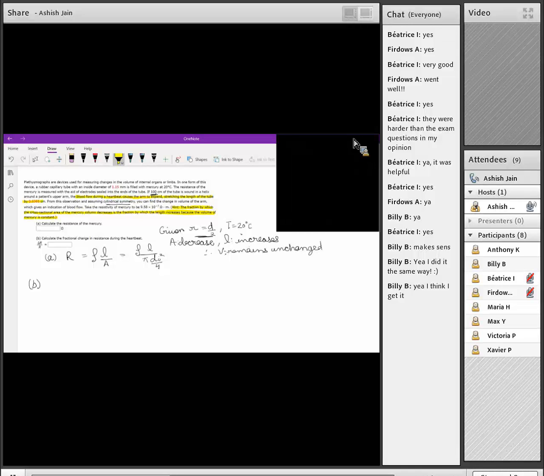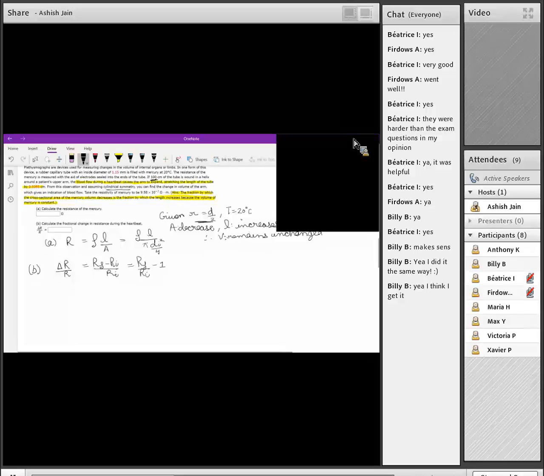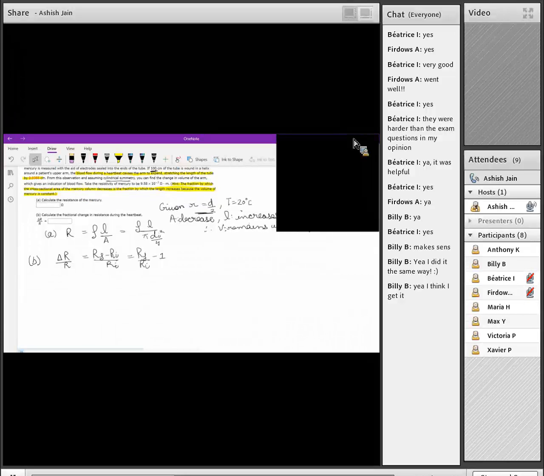Think of it as when the temperature increases, the length of the wire increases and your resistance changes. So your question is asking how much is your fractional change in the resistance. That is delta R by R, that is RF minus RI by RI, or RF by RI minus 1. That's what your question is asking you to solve.